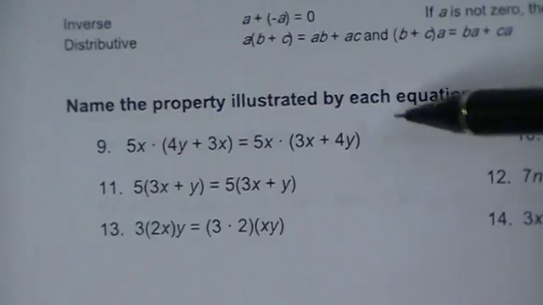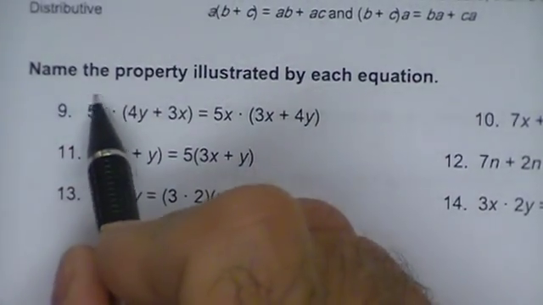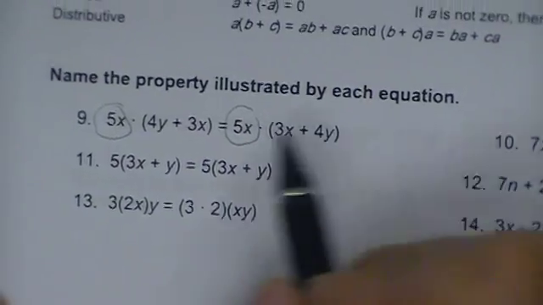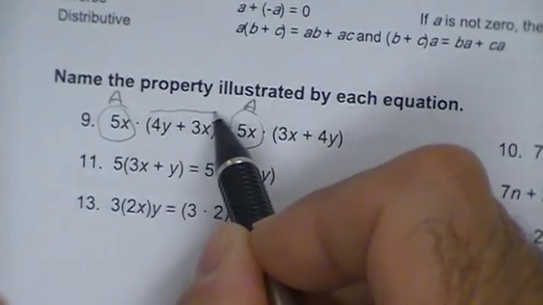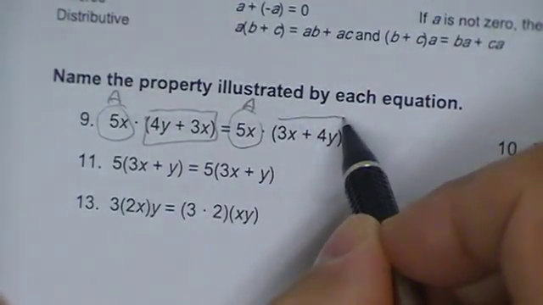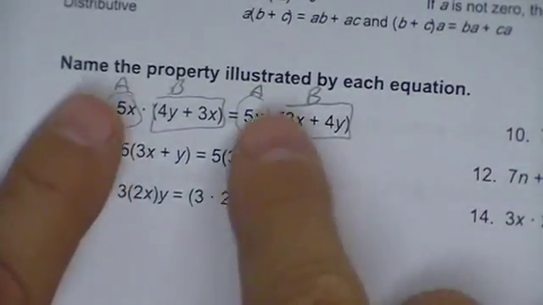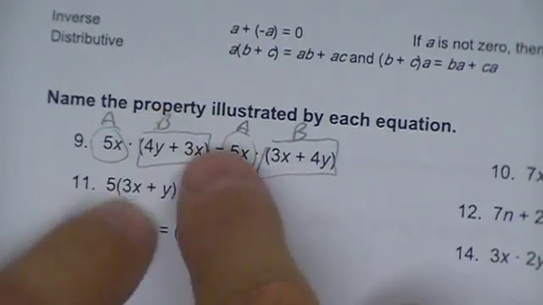So on number 9, if you look at this right here, you got 5x and 5x, right? So you can think of this as like an A, and that's an A, right? And then this is like a B. So you got A times B and A times B, but what's inside of B just kind of flip-flops.